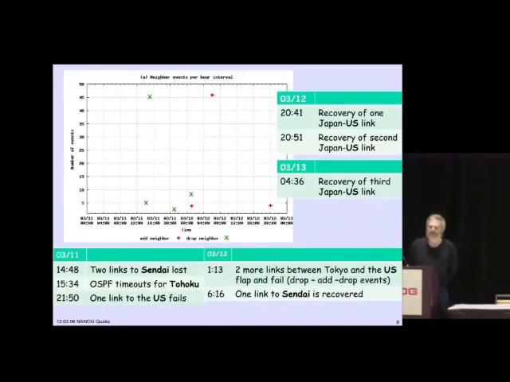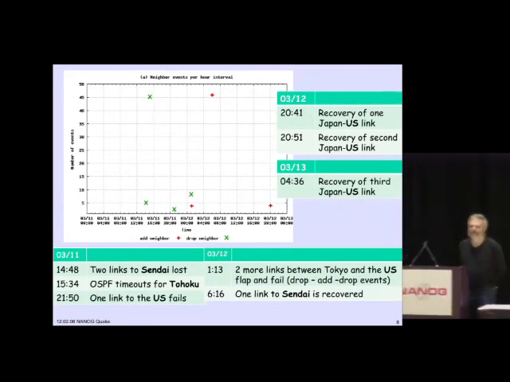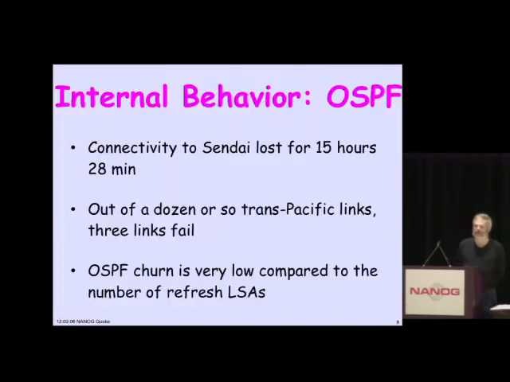In the interesting OSPF events we can see the 2 links to Sendai being lost, bang on. We can see the timeouts coming later. OSPF is a lazy protocol. Then we see failing links, the timeouts on the failing links, and the recoveries. So that's the real detailed timeline on those particular links.